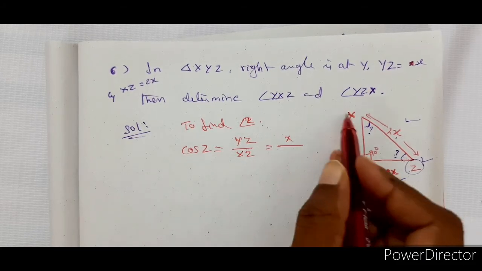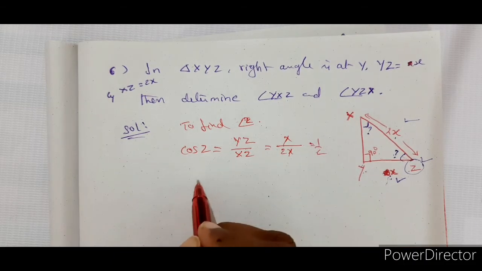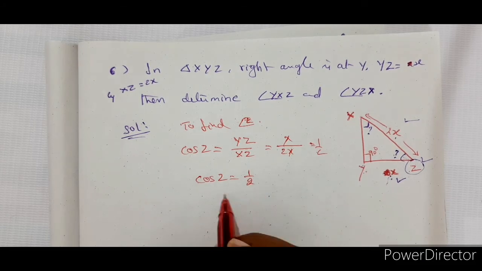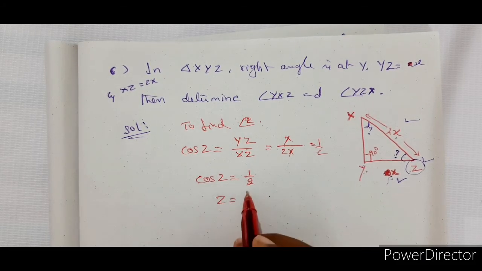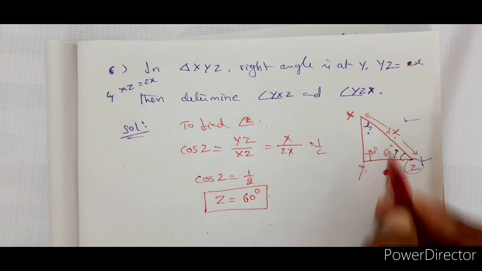YZ is x by XZ is 2x, that is equal to 1 by 2. Implies cos Z is equal to 1 by 2 means Z is equal to how many degrees? For what value of cos will you get that? Yes, 60 degrees. So you got Z is equal to 60 degrees.